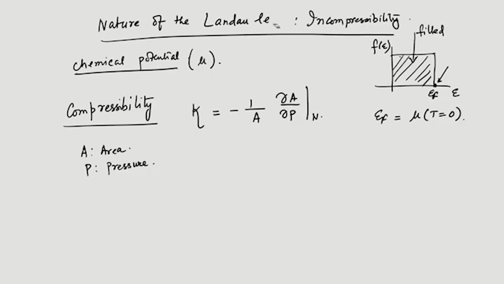In fact, those are a better description of this. So, nature of the quantum Hall states. Okay, so P is pressure and A is area and N is the total number of particles.